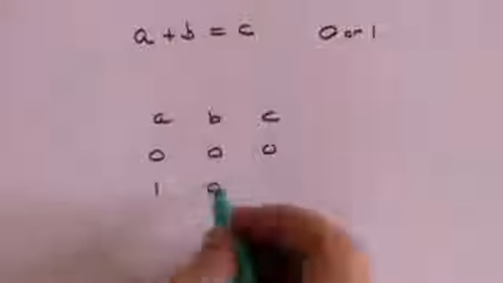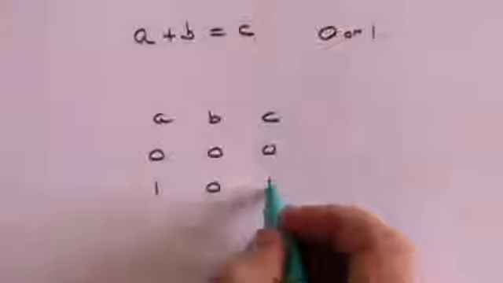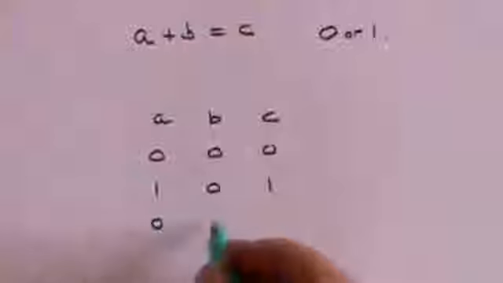If A is 1 and B is 0, then C will be 1. If A is 0 and B is 1, C will be 1. And if A and B are both 1, C will be 2. And we're going to build a computer that will do that calculation for us.